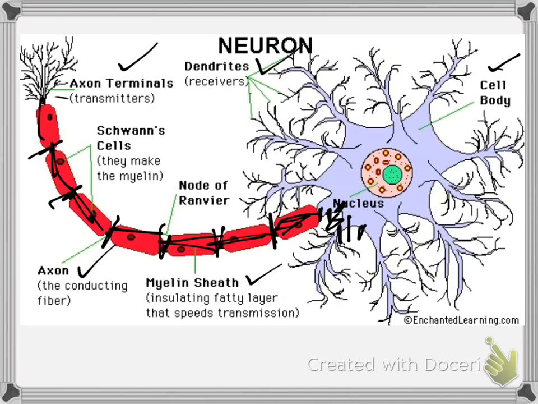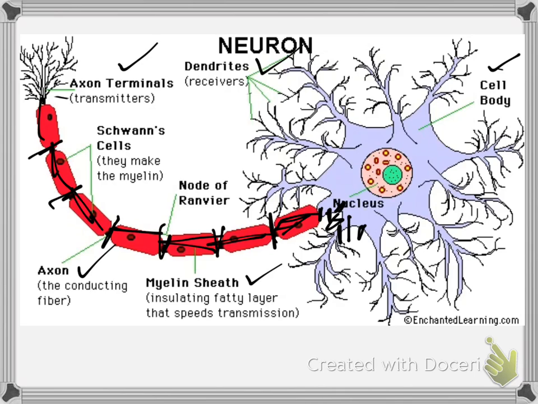So the myelin sheath, in essence, acts like rubber tubing around an electrical wire. If you had an electrical wire that was not covered by rubber tubing, then the charge would just be kind of flying off of that electrical wire, and it wouldn't be very efficiently connected. It's kind of like if you ever have an appliance or a TV or something and the rubber tubing on the electrical wire is frayed, you don't get a consistent electrical signal being sent to your device.